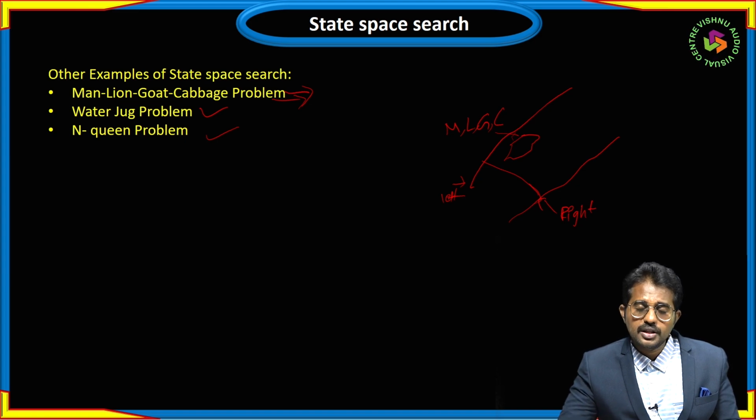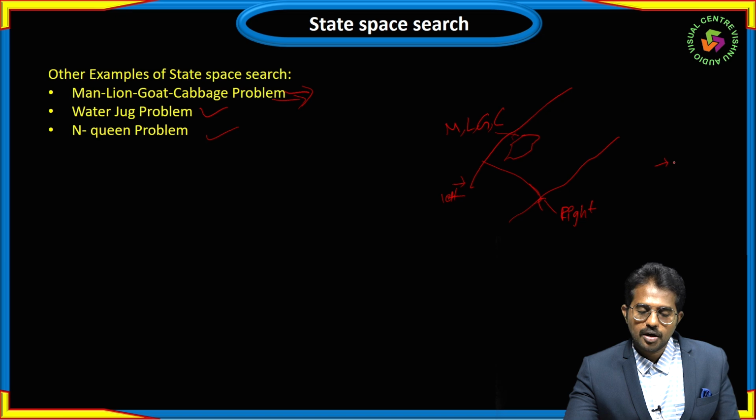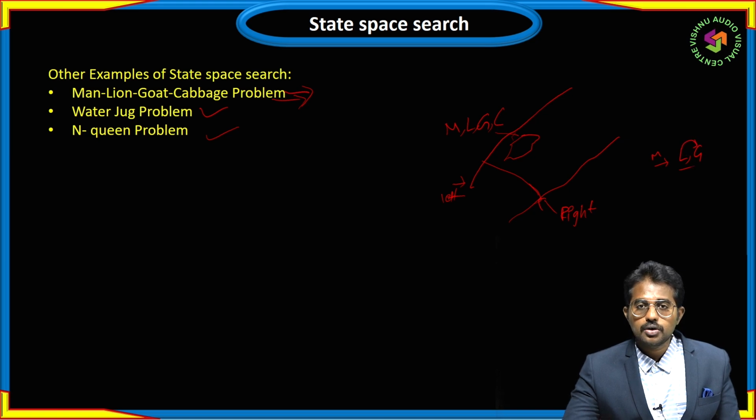There are some clauses for this problem. Without the presence of the man, if lion and goat are left alone, the lion will kill the goat.